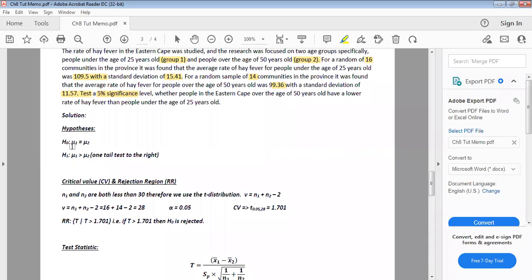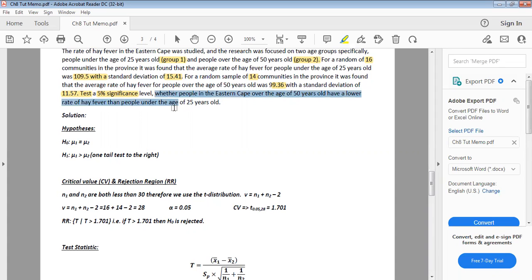So our null hypothesis will be mean 1 is equal to mean 2, and our alternative will be greater than. Remember the claim is whether the people in Eastern Cape over the age of 50 have a lower rate.